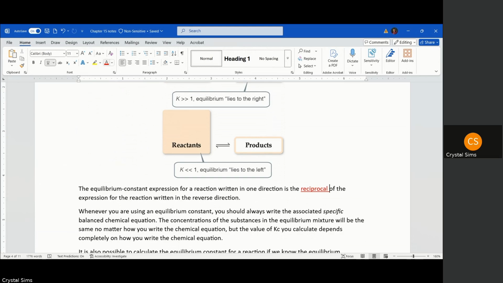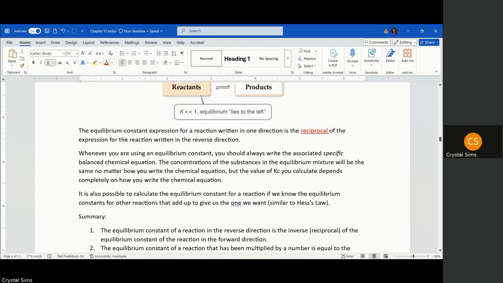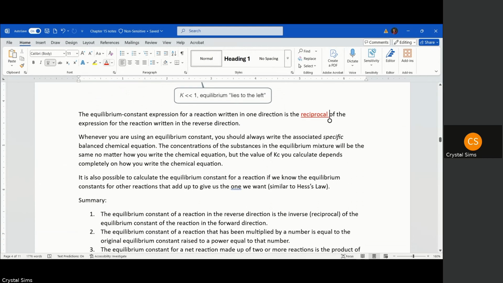The other thing to keep in mind as we are looking at these equilibrium constants and equilibrium constant expressions is that you need to have the associated specific balanced equation. The concentrations of the substance in the mixture are going to always be the same, but the value of Kc depends on how you write the chemical equation because of the exponents.